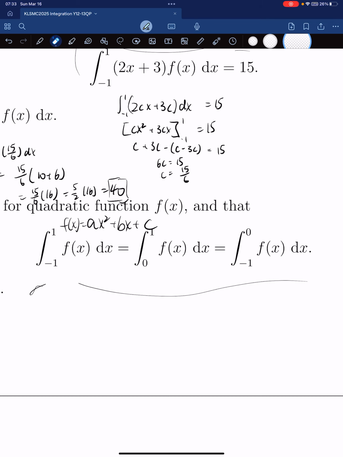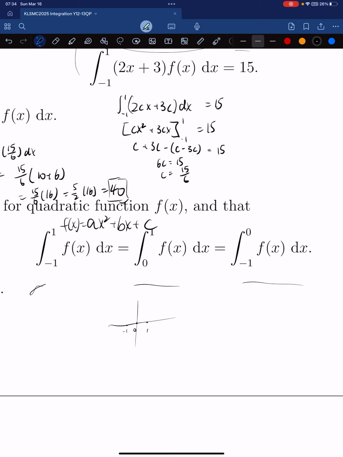It's basically saying, and the most important part that I would say is this part, that the integration of our quadratic from -1 to 0 equals our integration from 0 to 1.